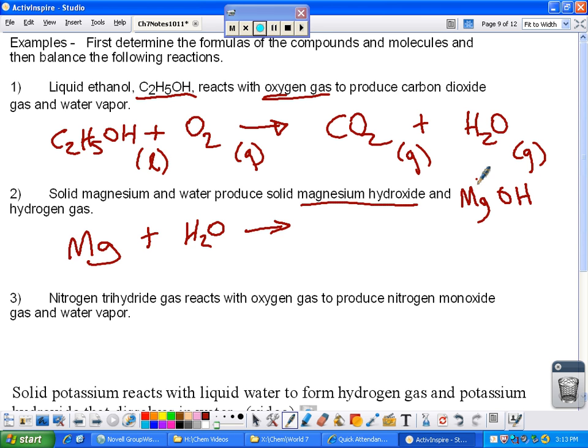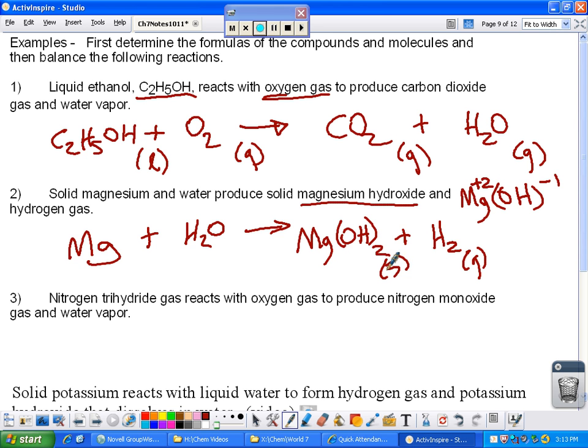And hydroxide? -1. So this is actually Mg(OH)2. And the other product is hydrogen gas, which is one of those diatomics. And this is a solid, it says. This is water. And that's a solid. So we're going to come back and balance these in just a second.